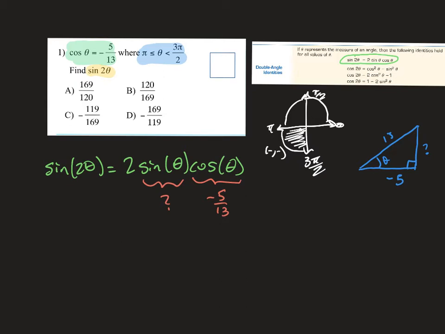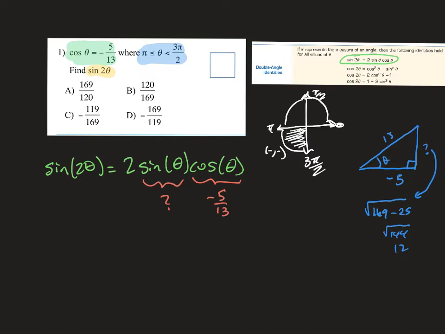So to do that, we'll use the Pythagorean Theorem, and that question mark is just going to be the square root of 169, which is 13 squared, minus 25, which is negative 5 squared. And 169 minus 25 is 144, and so that equals 12.